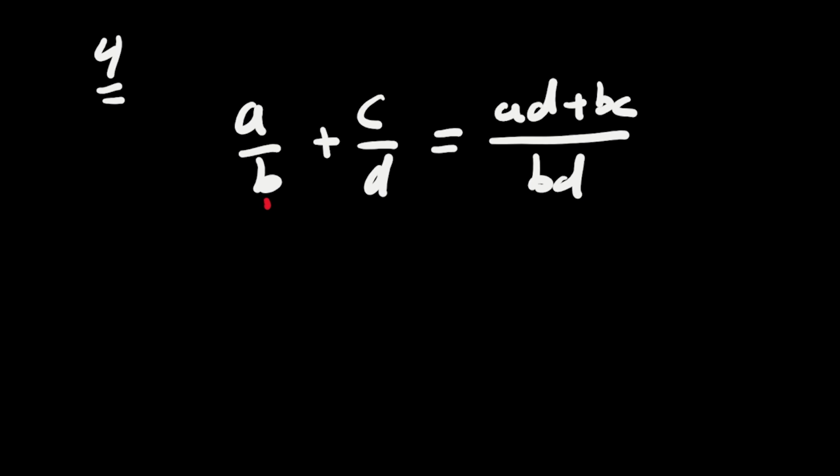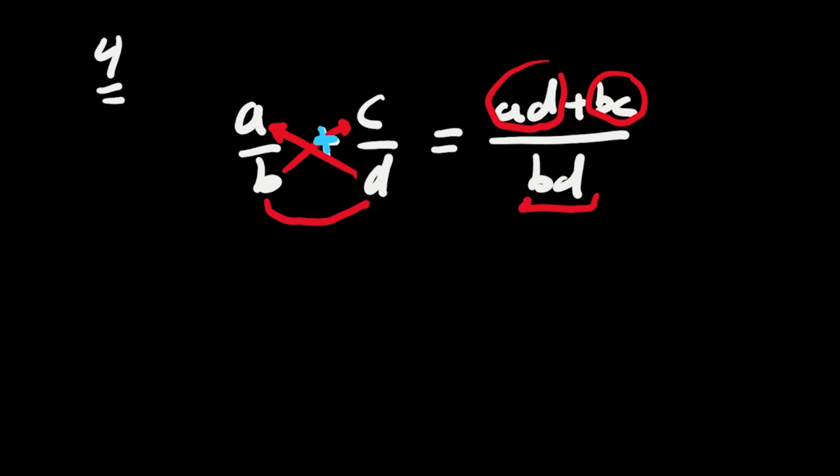At first, we just multiply the denominators and we get this value. Then we multiply d by a, and we get this value. And then we multiply b by c, and we get this value. Just notice that here we have a plus sign, so we just add them.